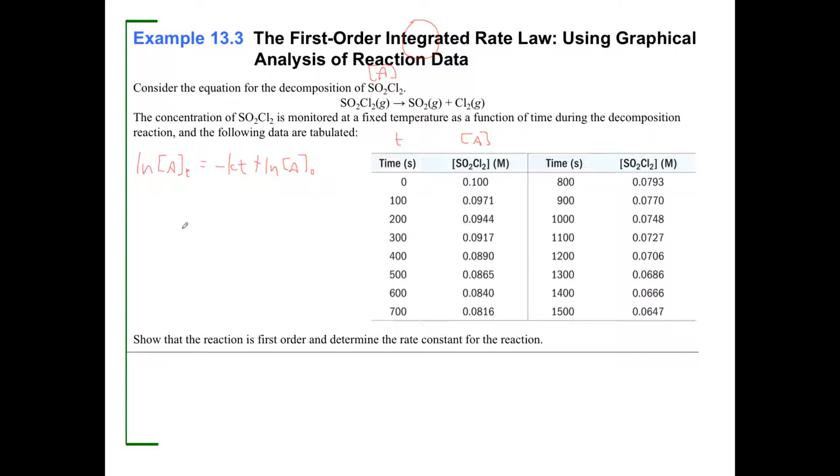The problem says to use graphical analysis of reaction data. I'm going to tell you what the graph looks like, but I'm going to solve it without graphing, to make it a little bit simpler.